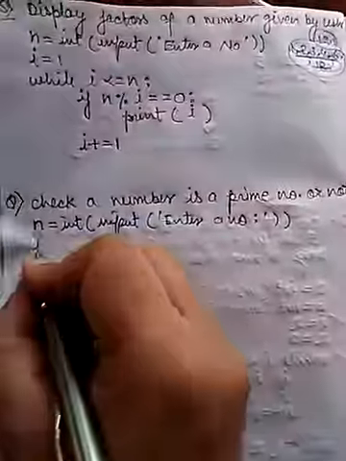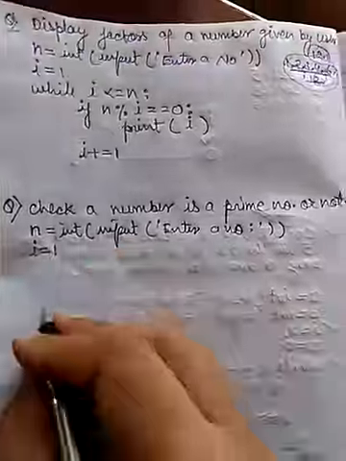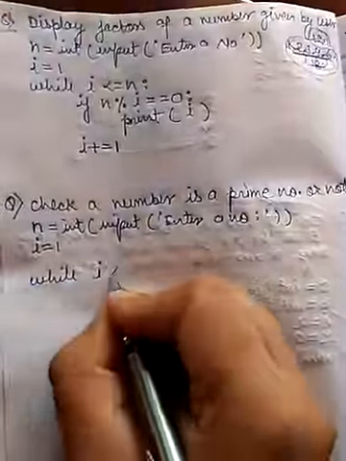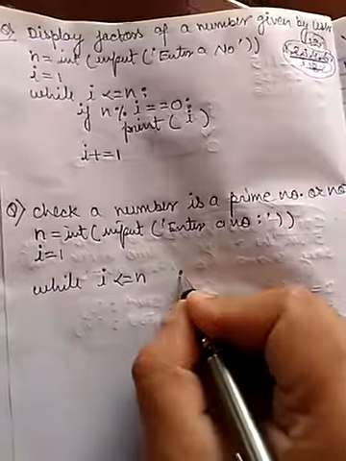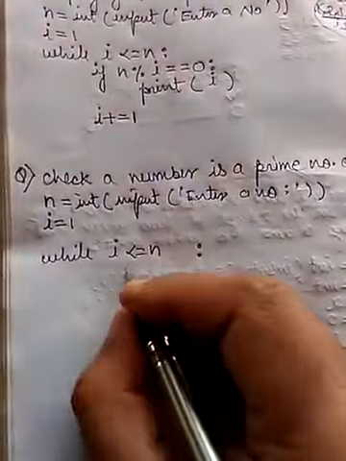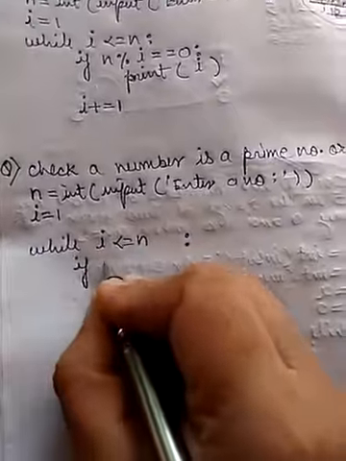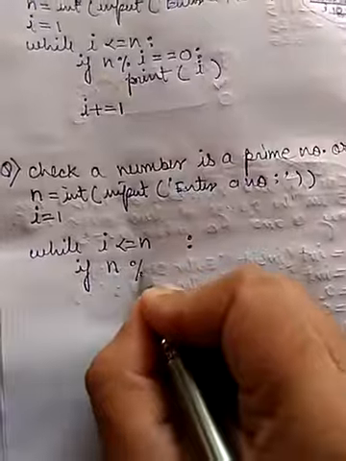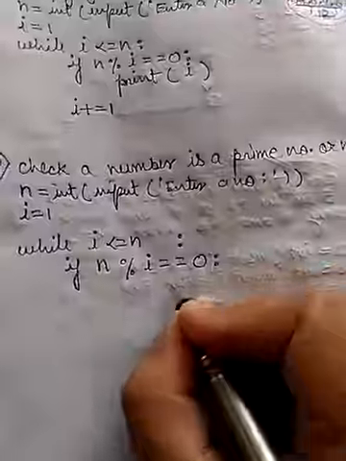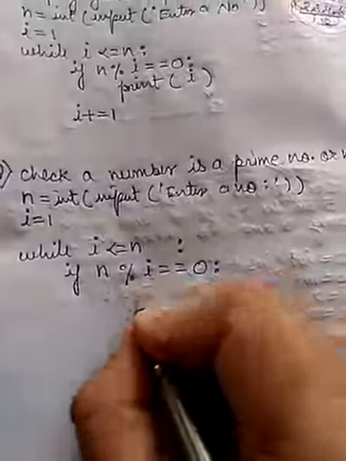So I am writing here I, let us say the index number, it is 1. Now we have to continue the loop while I is less than or equal to n. After that we have to check whether this number is divisible by I or not. So if the value of n mod I equals 0, now here I have to count how many times this condition is satisfied.